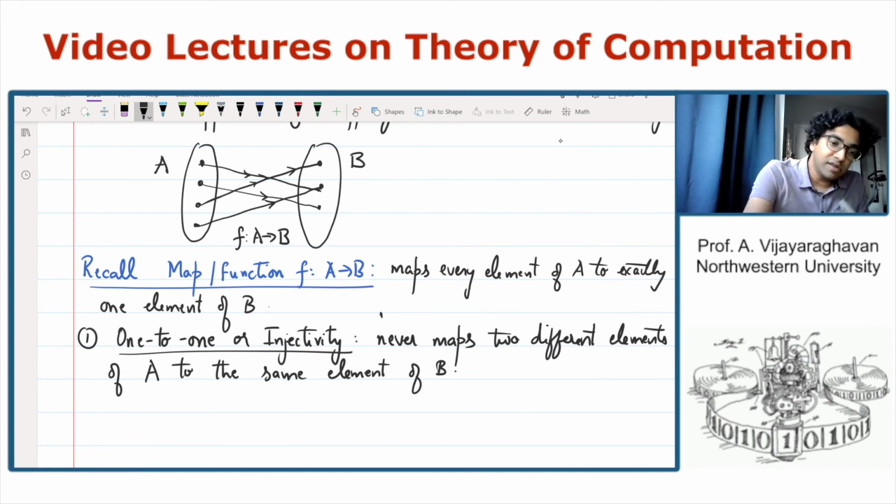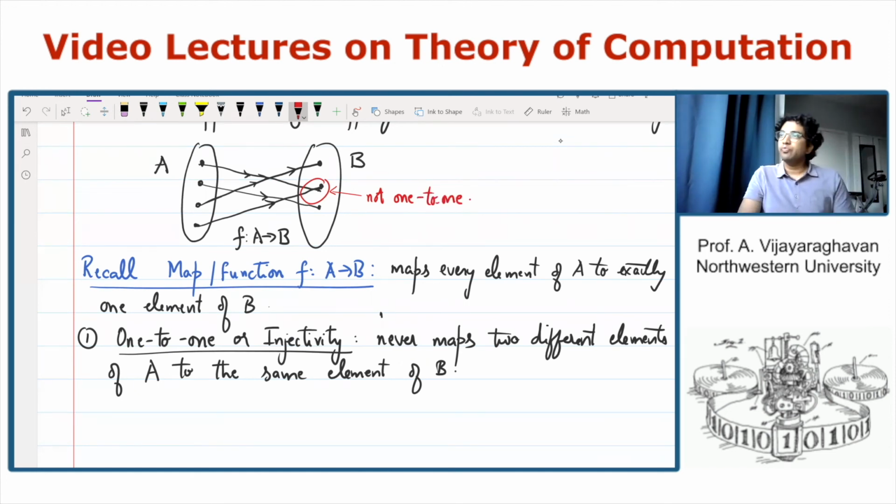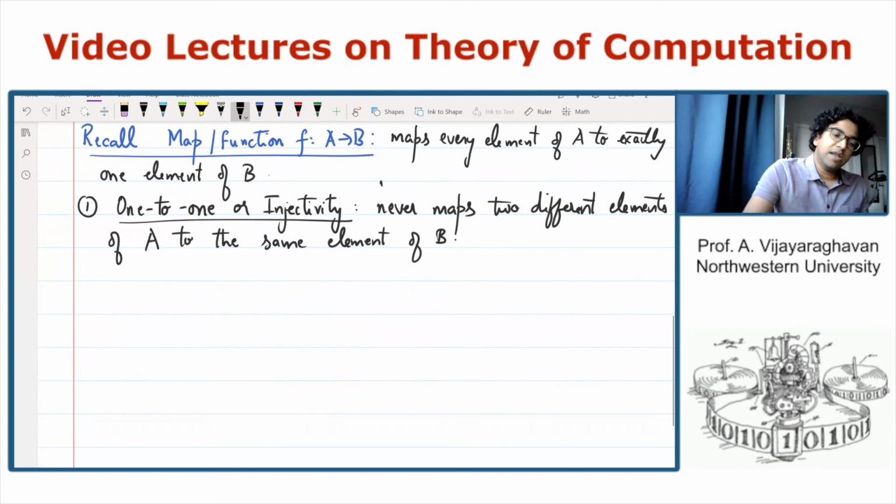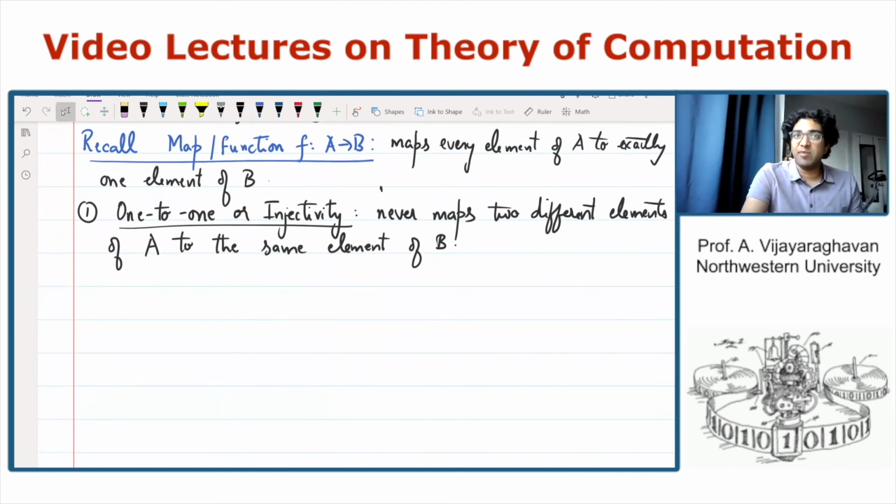For instance, this element of B has two incoming arcs, so this map is not one-to-one. Another name is injectivity, and we'll use these interchangeably.